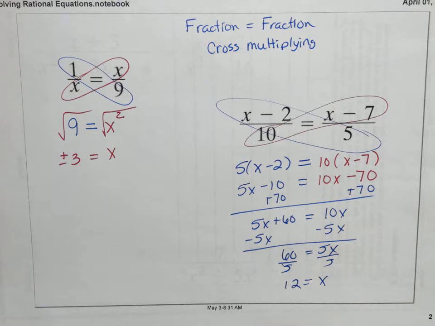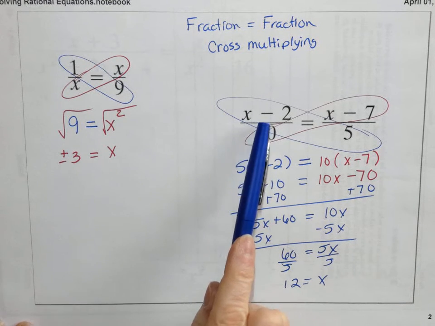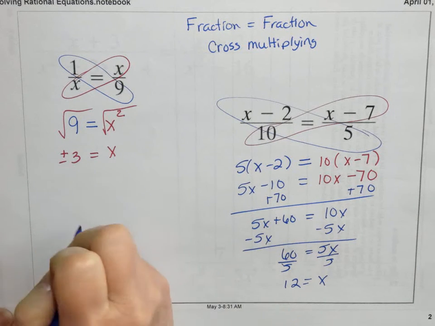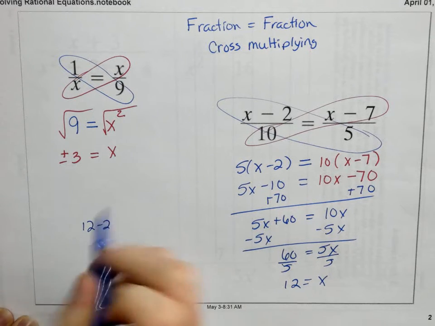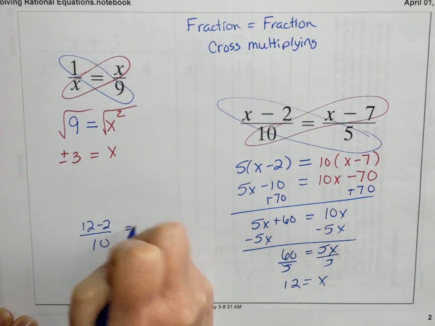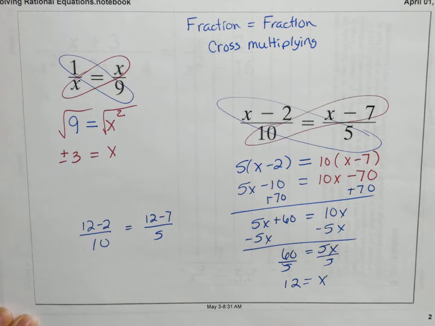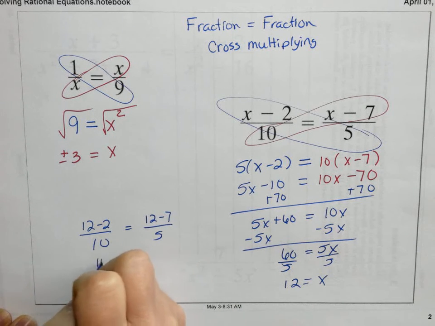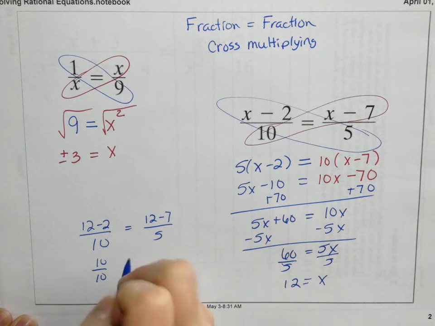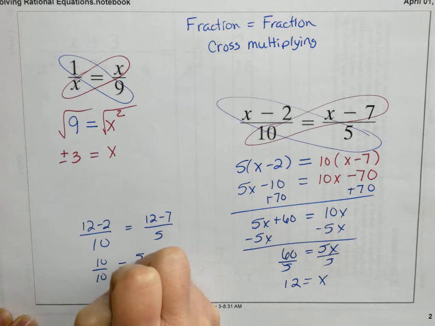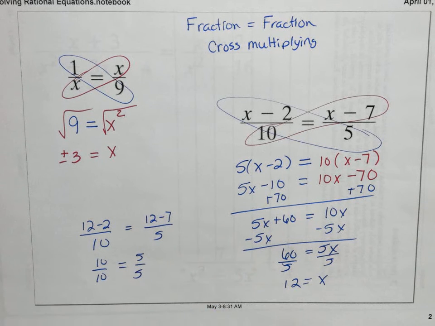Well, let's take a look. Does that make sense? Is 12 minus 2 over 10 equal to 12 minus 7 over 5? 12 minus 2 over 10 is 10 over 10. 12 minus 7 is 5. Look at that, 10 over 10 is, in fact, equal to 5 over 5.